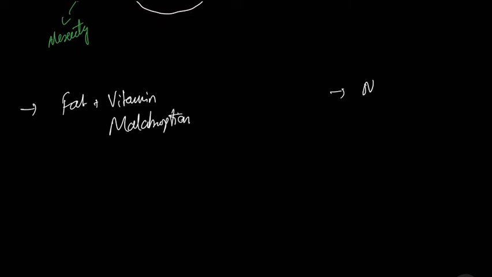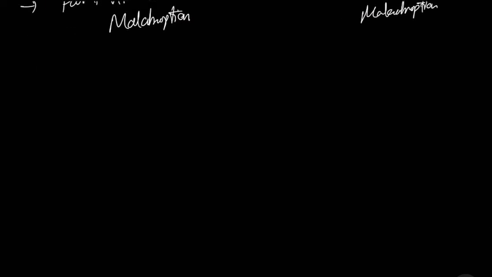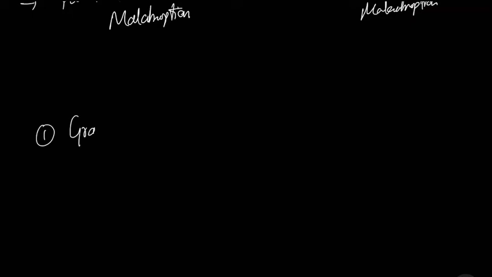Now, let's see what happens to the fats and vitamins. In your Crohn's disease, there is fat and vitamin malabsorption, whereas in your ulcerative colitis, there is no fat or vitamin malabsorption. Now, there is also your granuloma formation in your Crohn's.